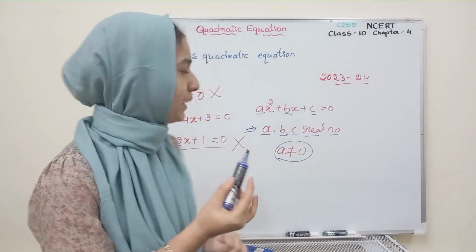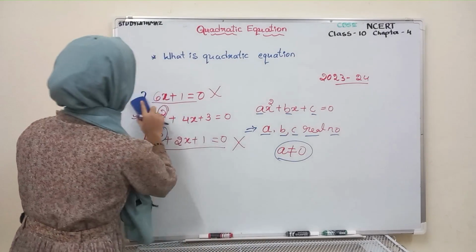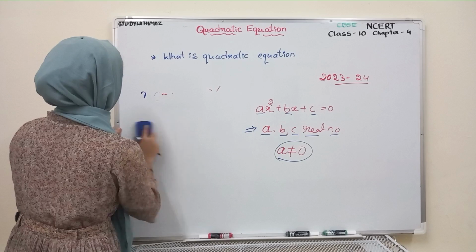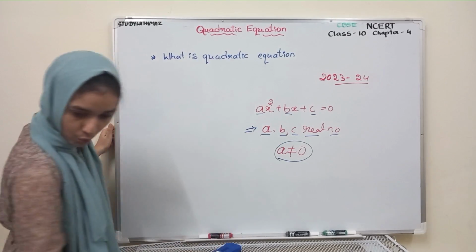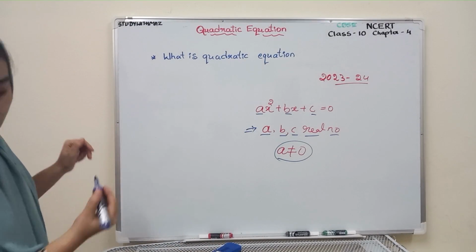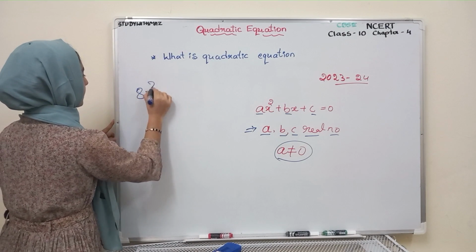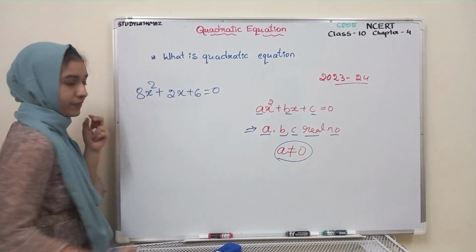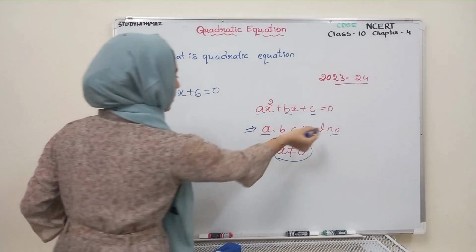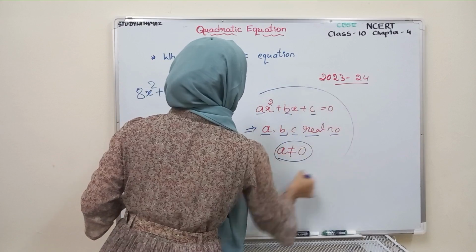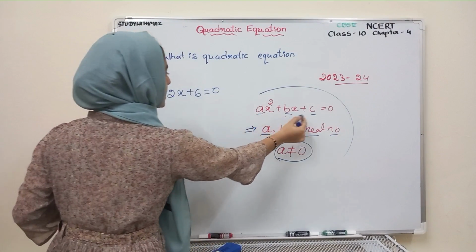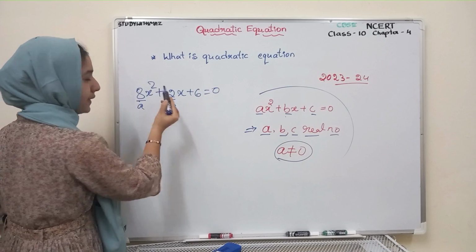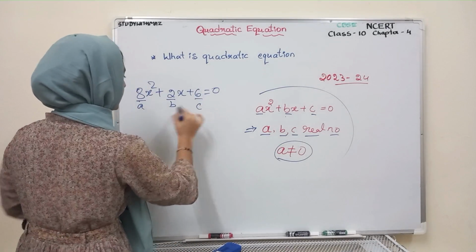Why? Let me take the example. So I will take the example 8x square plus 2x plus 6 equal to 0. According to your formula or the definition of the quadratic equation, a, b, c are real numbers. 8 है, a की जगह पे this is your a, यहाँ पे b है which is 2 and this is c.